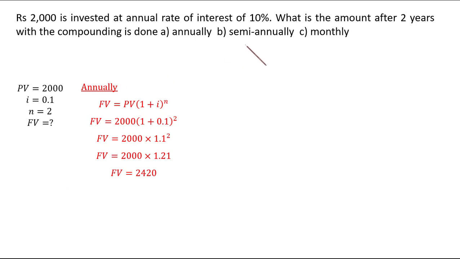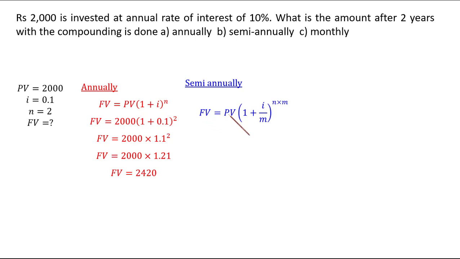But when we are going to do it semi-annually, remember this 2 years will become 4 periods, because the compounding is done 2 times a year, and this 10% will become 5%. So it is 10% per year and 5% per 6 months. So we use this modified form.